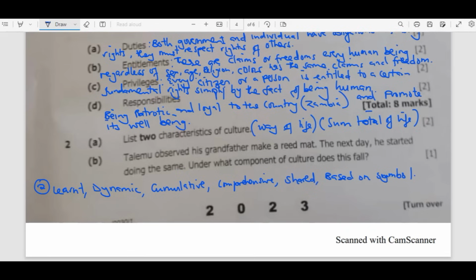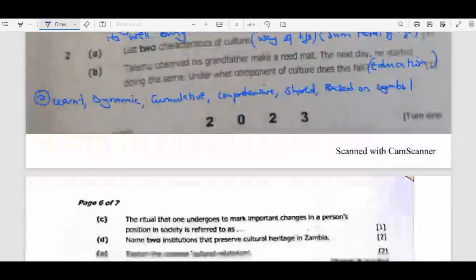And then the following day he had to do it. So this is education. And under education, this is what we call unguided, because he was just observing and then he started making the following day. So apart from that, we can move to the other question.